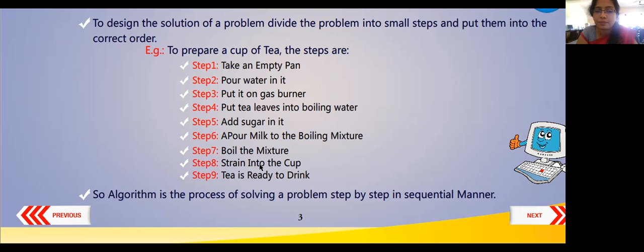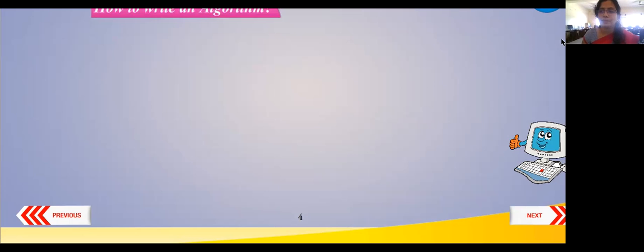I repeat, what is an algorithm? It is a process, or if that confuses you, a method of writing down the solution of a problem. How are we writing the solution? Step by step, and the steps should be in a proper sequence. This is called an algorithm.